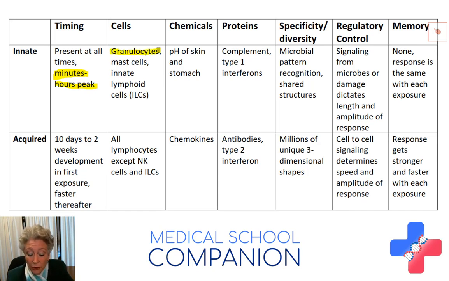Granulocytes have granular cytoplasm, and there are a number of these that are both resident throughout your body, immediately underneath the barrier systems, and then there are also lymphoid cells that fall into the category of operating innately.